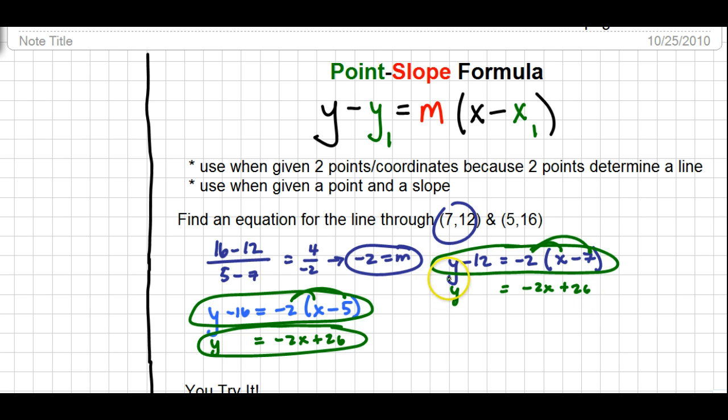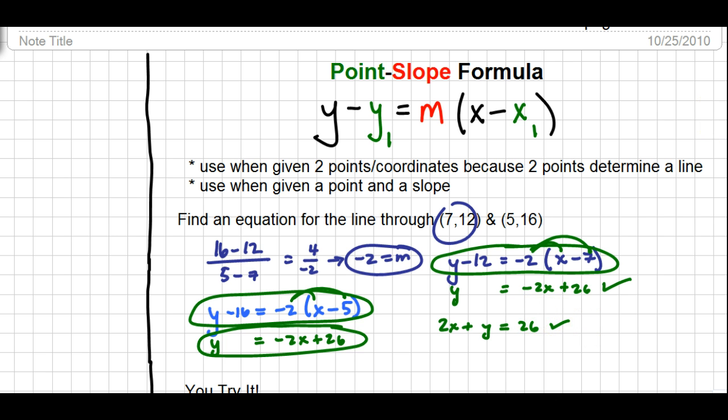If you were asked to give the equation for the line in slope-intercept form, you'd have to continue on and do the distributive property. If they asked you to put it in standard form, you'd get into slope-intercept first, like we did here, and then we would simply add 2x to both sides to get it into linear combination format. And so that would be another option as well.